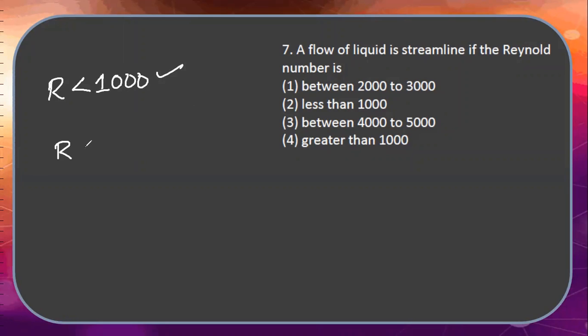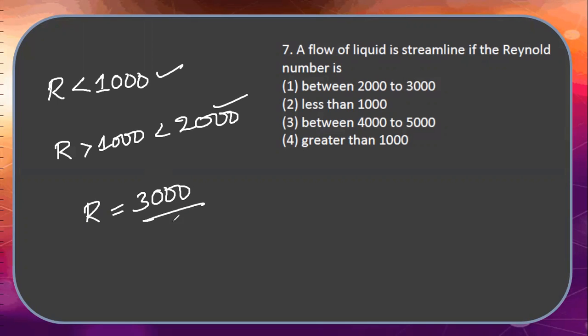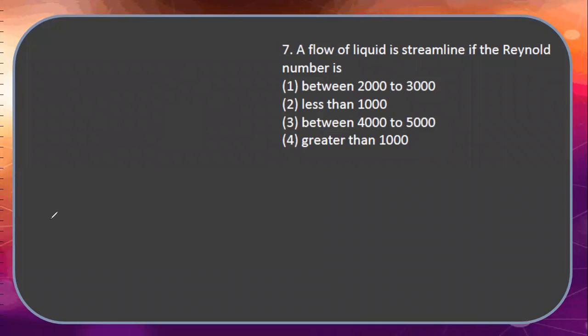If it is greater than 1000 and less than 2000, it is called uneven flow. If it is greater than 2000, say 3000, it is called turbulent flow.